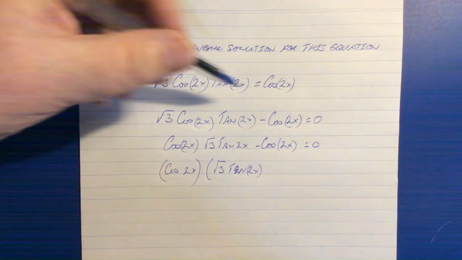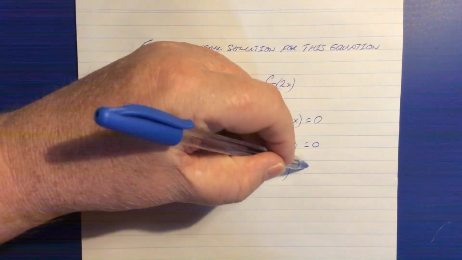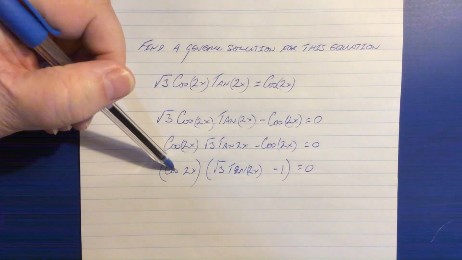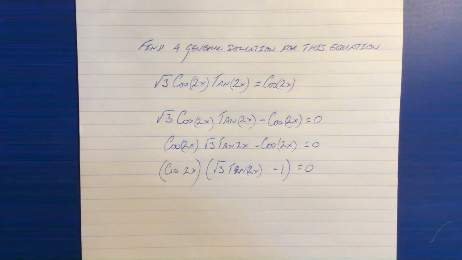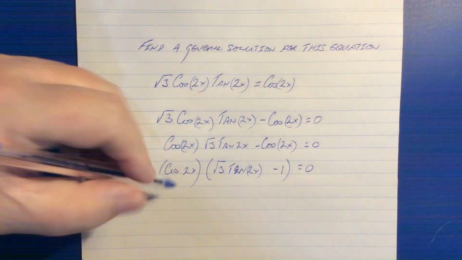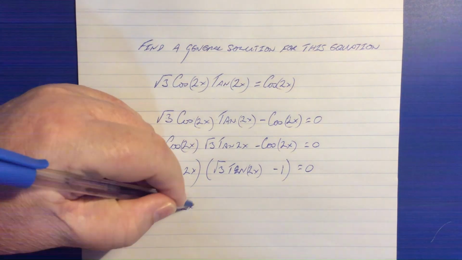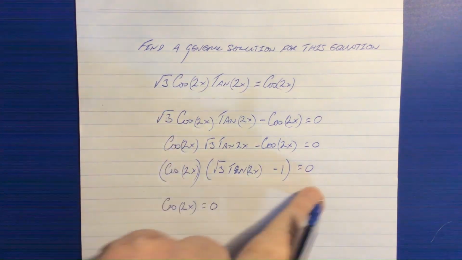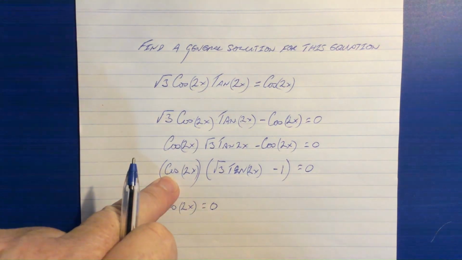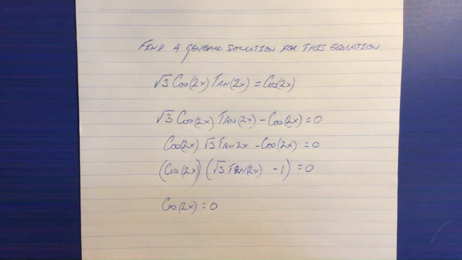No question there. Minus 1. And that's going to give us our negative cos 2x over here. Now, the question is, where does the cosine of 2x equal 0? That's one of the factors that we're going to make equal 0. This is the other factor that we will make equal 0, and we'll come to that in a moment.